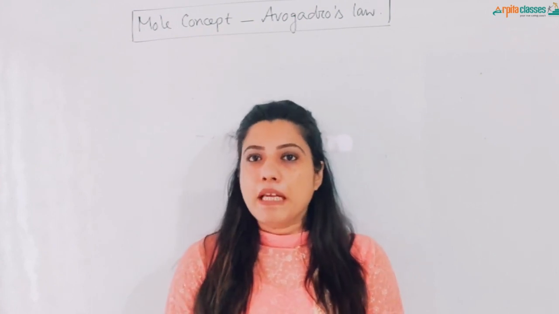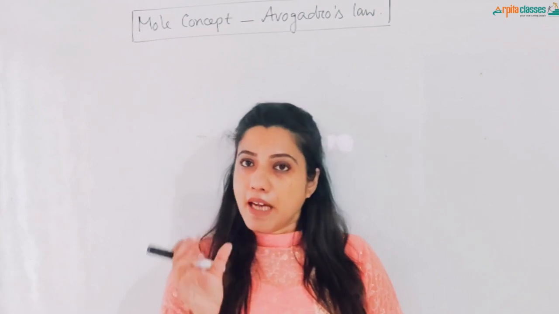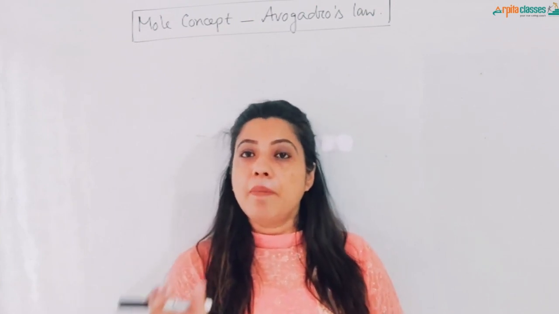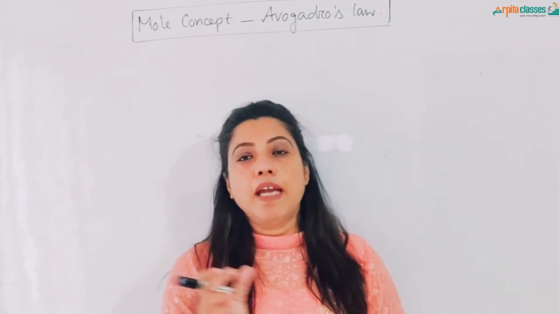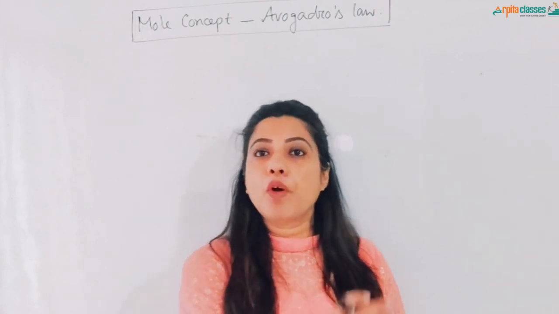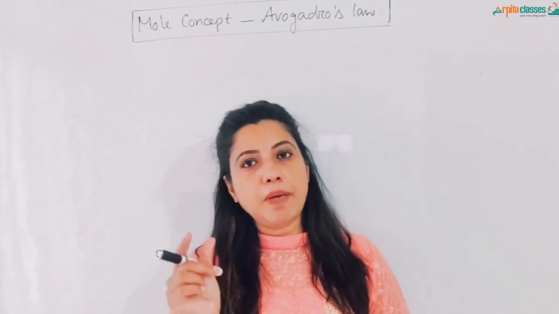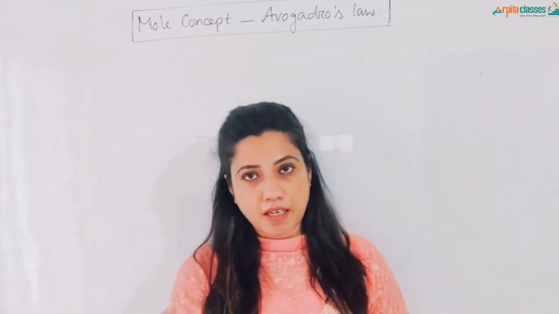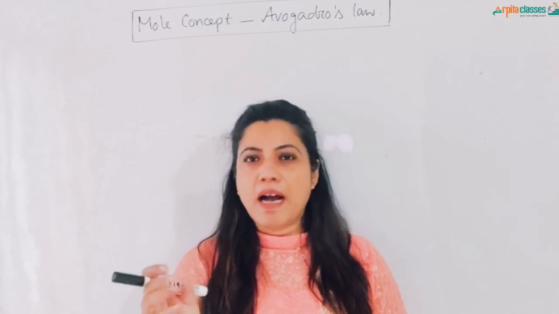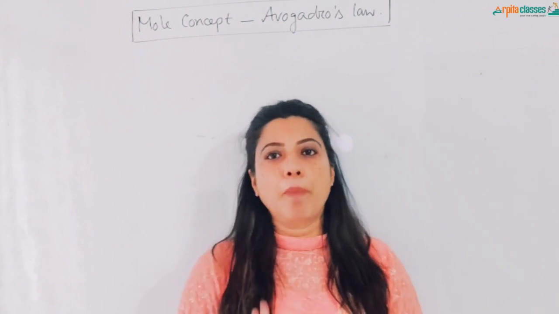In chemistry, mole means some amount of substance, and that amount of substance can be expressed in grams. It can be expressed in volume. It also can be expressed in number of particles. So basically mole is some amount which can be expressed in grams, that is in weight or mass you can say. It is expressed in volume and it is expressed in number of particles.